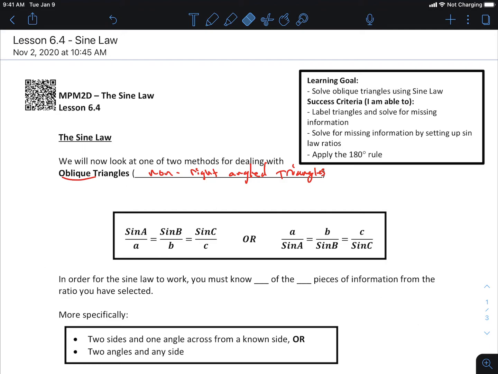Okay, now, here's the only instance where sine law breaks down. If you don't have enough information, basically. So you have to know 3 of the 4 pieces of information from the ratios you have selected.